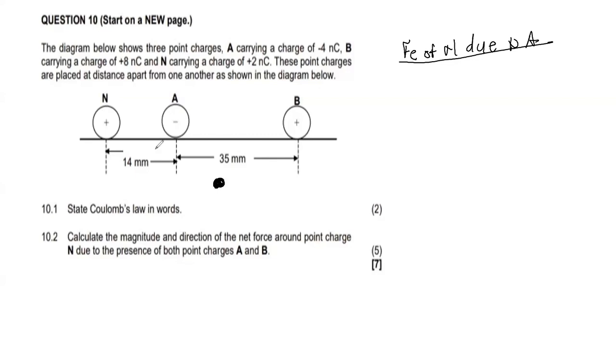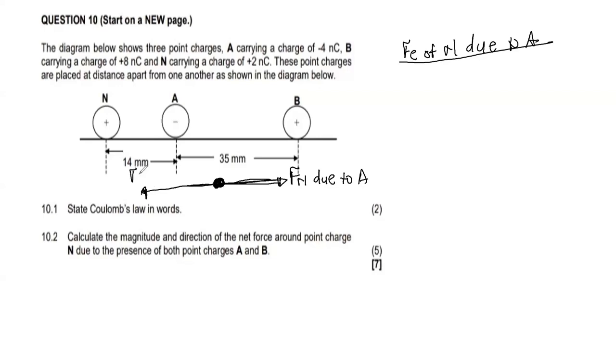So N will move towards the right due to A. So this is the electrostatic force of N due to A. But then looking at its relationship with sphere B here, sphere B is positive and sphere N is positive. So there will be a repulsion force between those 2 point charges.